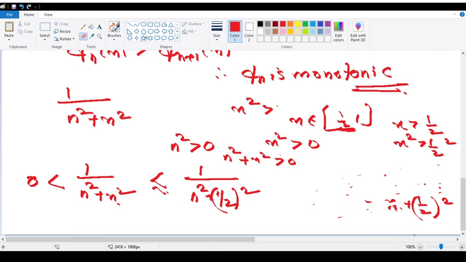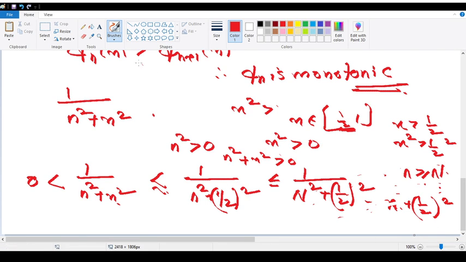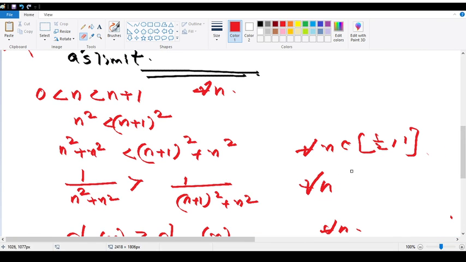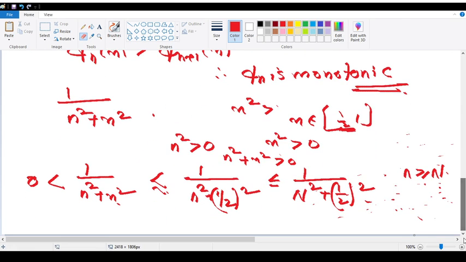So we can fix some n, and consider 1 by n square plus half square for all n greater than or equal to capital N. I fix some capital N. What is the relation of 1 by n square plus half square and 1 by capital N square plus half square?